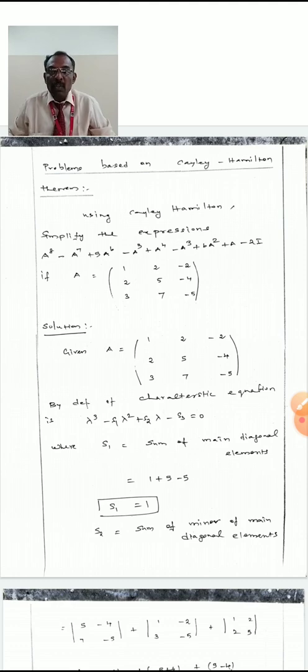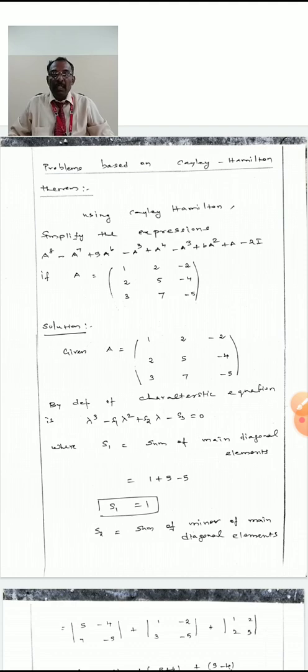It's very difficult to solve this problem directly, but we do only simplification of this equation using Cayley-Hamilton. How can we do the simplification?